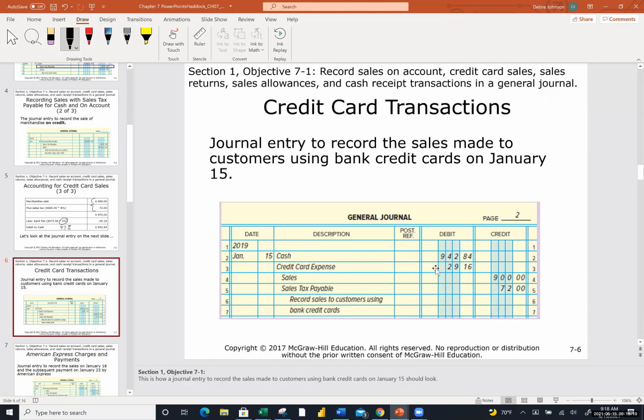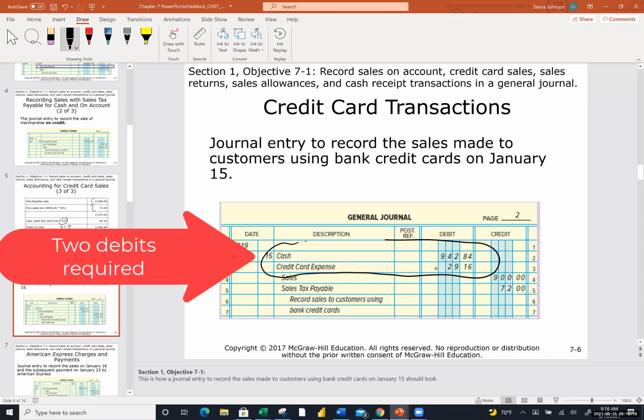On a sale on account, it was a straight up debit to accounts receivable. On a bank credit card, that's what you see here. It had to be split between the cash, which was the 97%, and the 3% fee that the credit card company collected, if that's the percentage they used on that exercise.